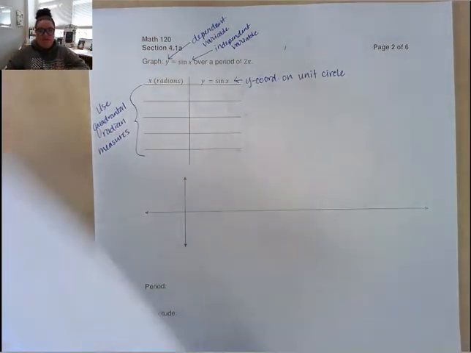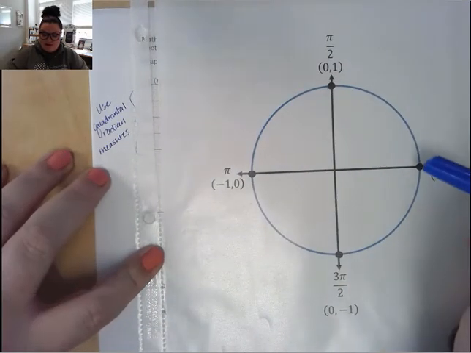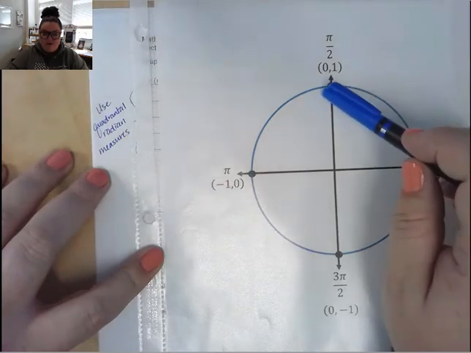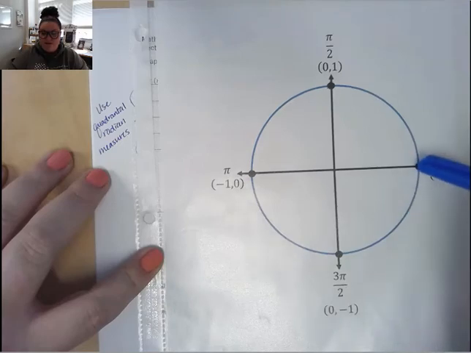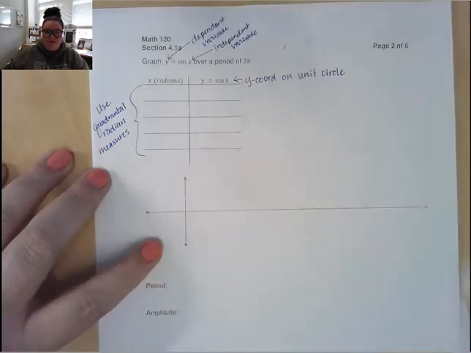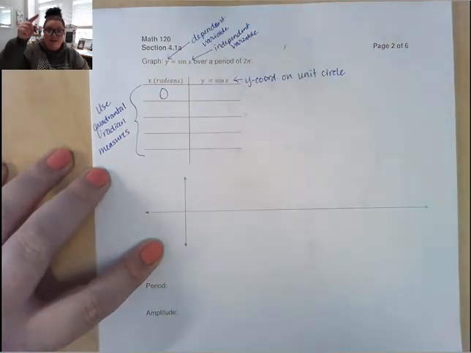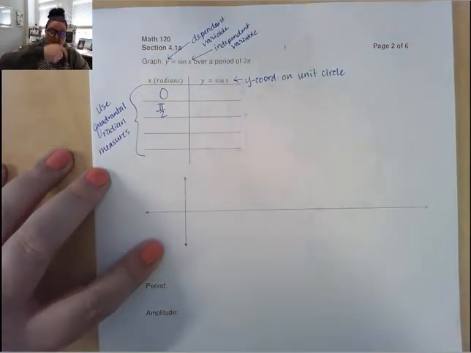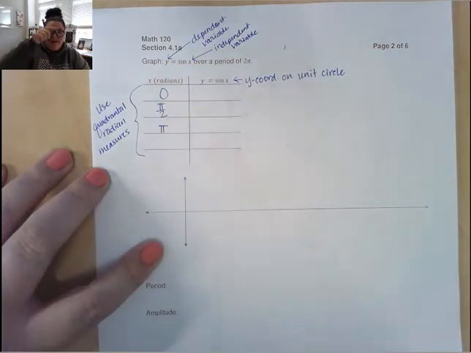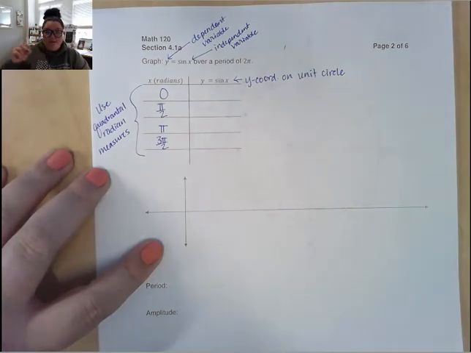If I pull my circle out here, my nice radian measures are when I start at 0, then go to pi over 2, then to pi, then to 3 pi over 2, and then complete the circle at 2 pi. I start at 0, then go up to 90 degrees, which is pi over 2, then over to 180 degrees, which is pi, then down to 270, which is 3 pi over 2, and then complete my circle back at 2 pi.